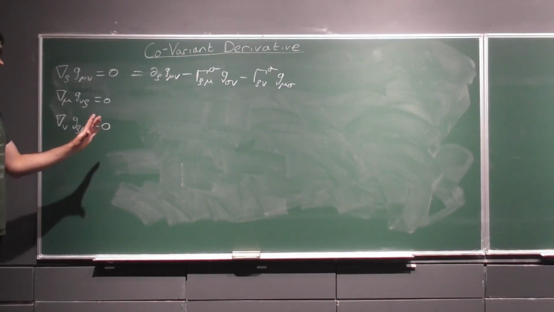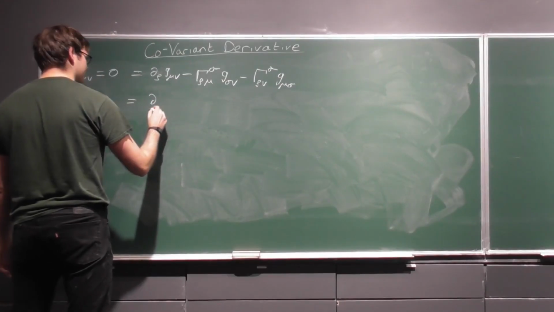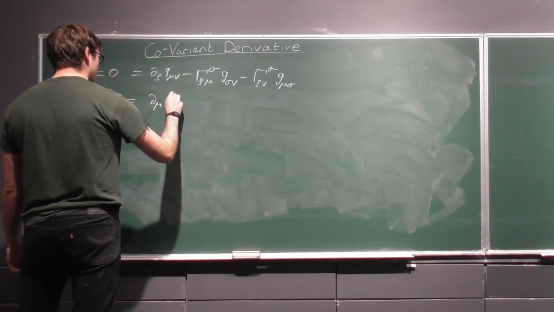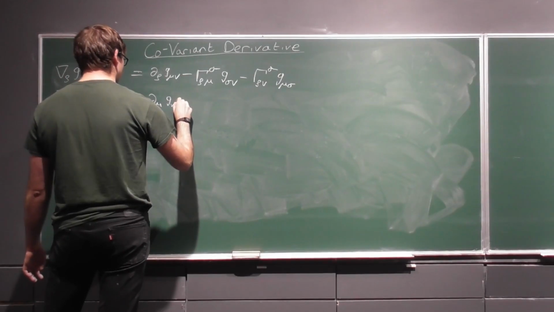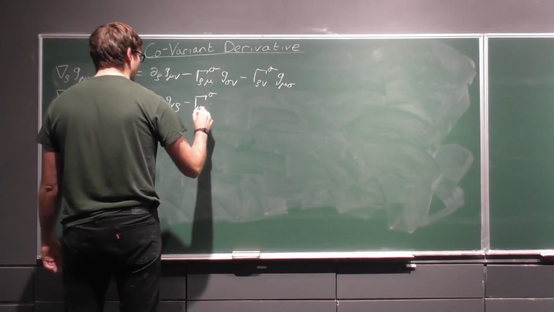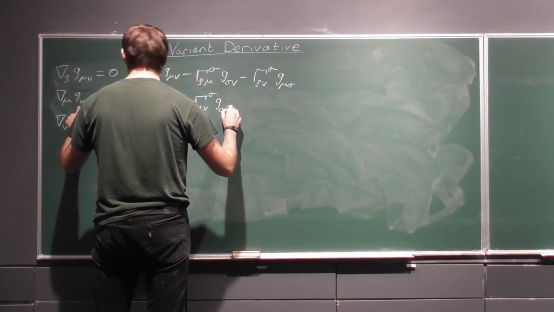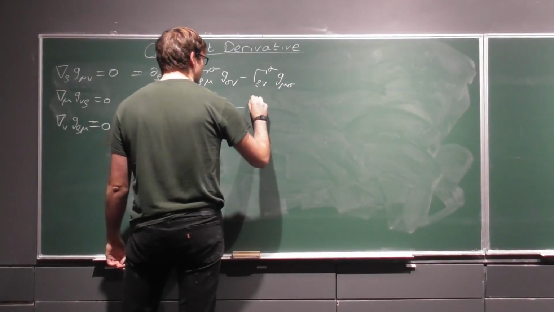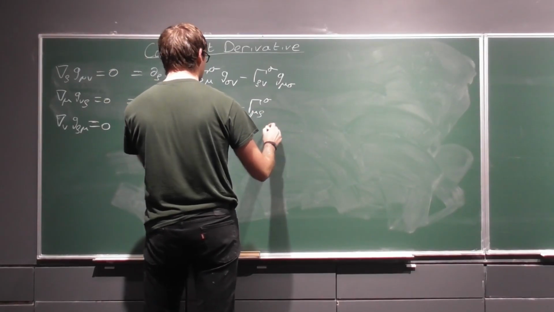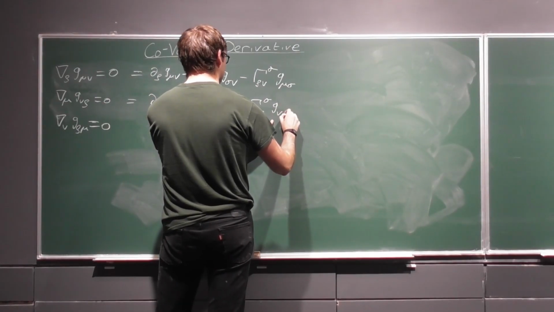Then we have to write this for the three other terms. Sorry, it's not going to be that, it's going to be a mu, and we're getting a g with nu rho. Then it's minus gamma sigma at the top, with the mu here. We take out the nu first, so sigma, and then rho minus sigma. This is mu again, and now it's the opposite component, so this is rho, and this is g with nu sigma.